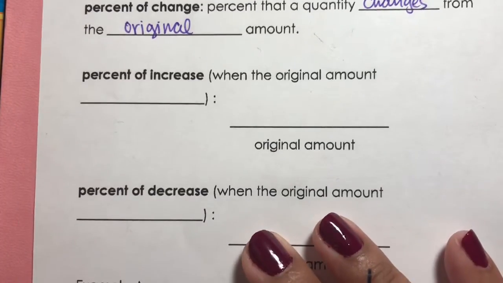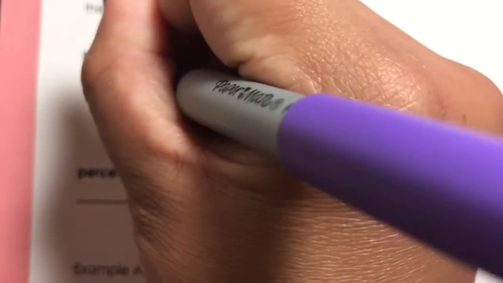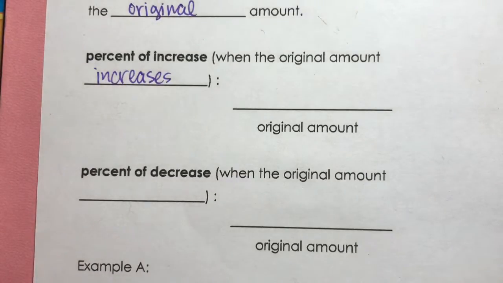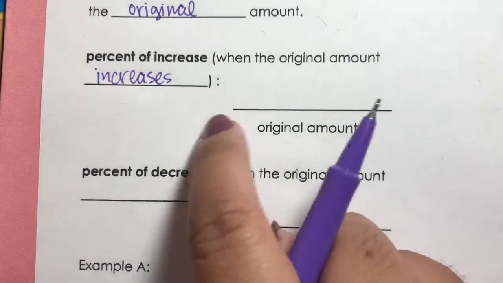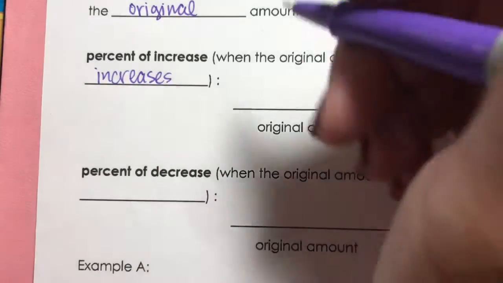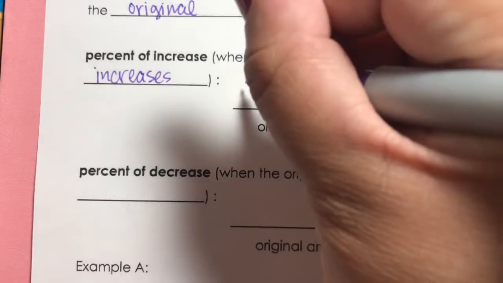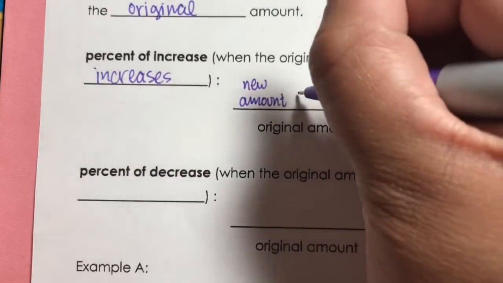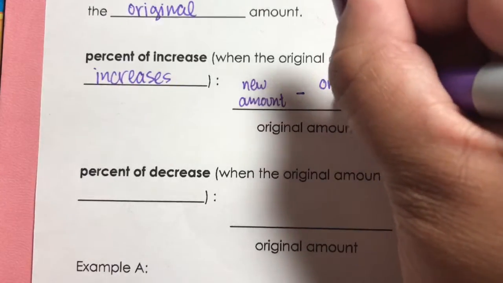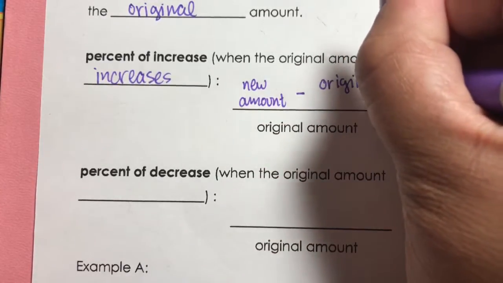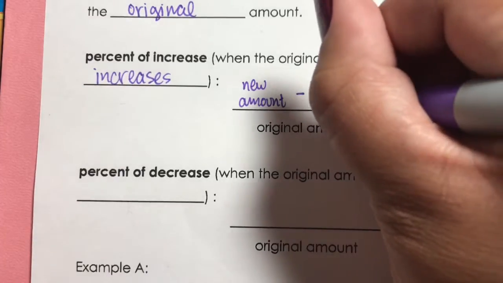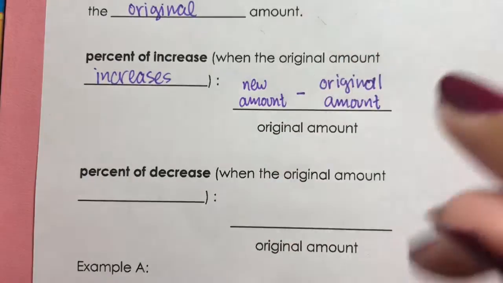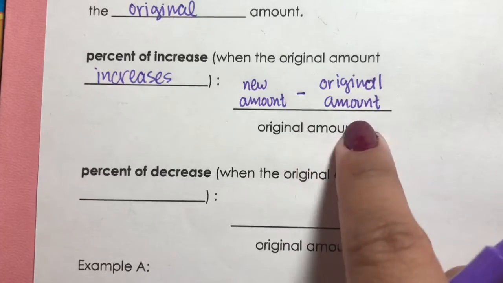So percent of increase is when the original amount increases. Hence why it's called percent of increase, which means the percent went up. So when you're trying to find the percent of increase, the formula for that is you take the new amount subtracted by the original amount, and then it's divided by the original amount.